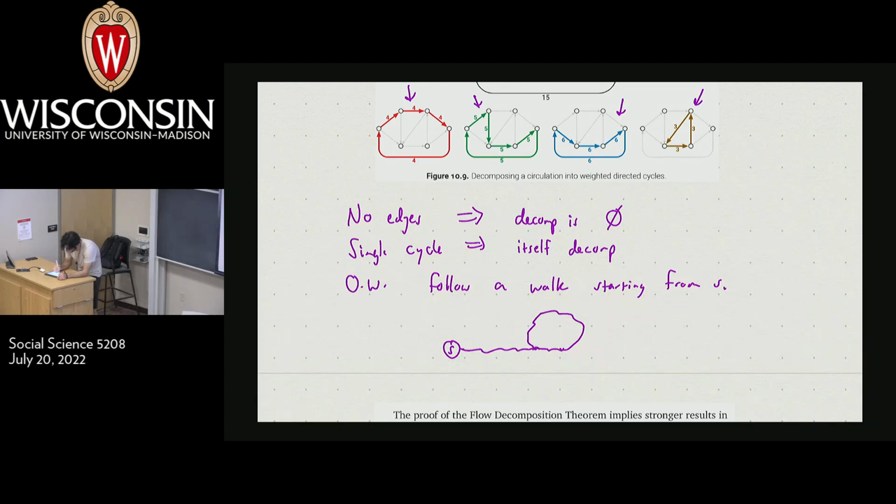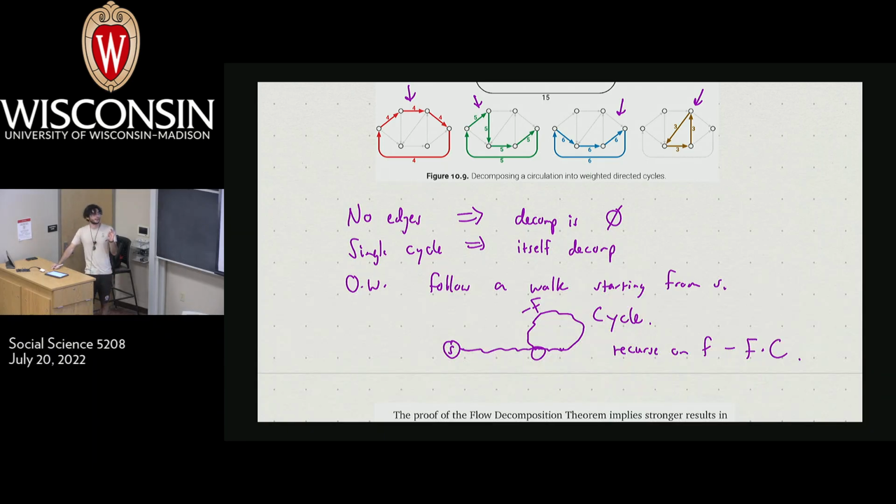Eventually, we swing back and hit a node we've already hit before. And the very first time we revisit a node, this is going to be a cycle. So we just keep walking around the graph until we've revisited something. And once we revisit something, it's a cycle. And so we can remove that cycle. In particular, one edge must be removed if we do the minus f trick. And then we can inductively create the decomposition on the rest of the graph, and recurse on the rest. So that's the idea.